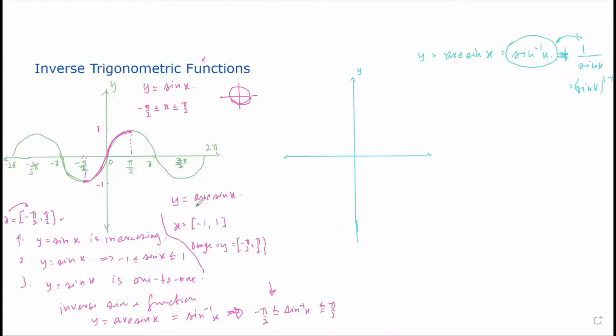This if and only if sine y equals x. This is the definition of arc sine, the inverse sine function.